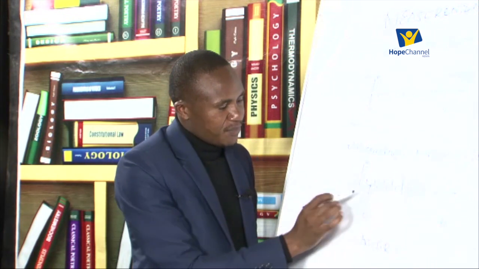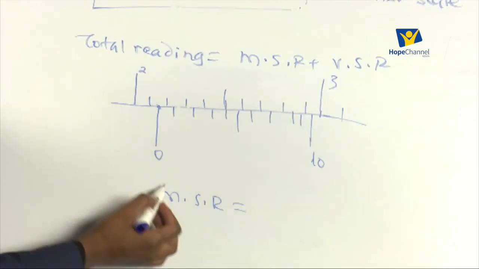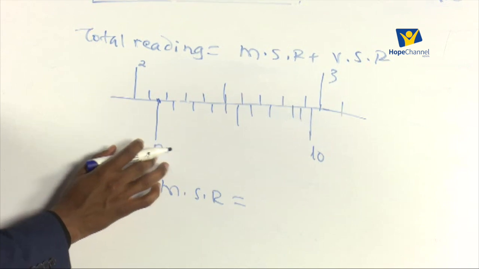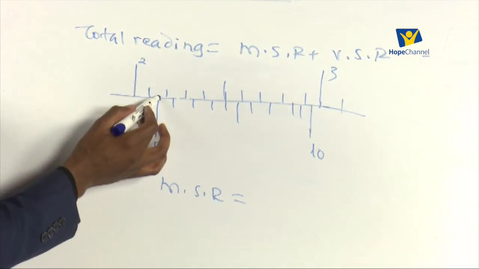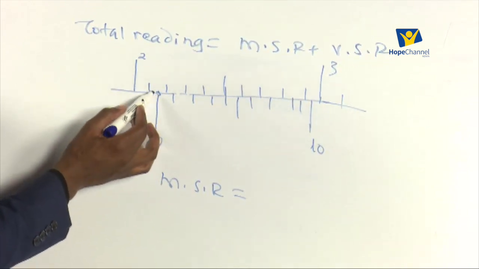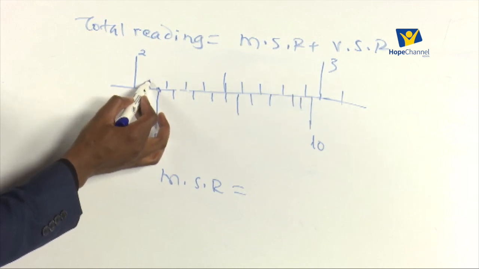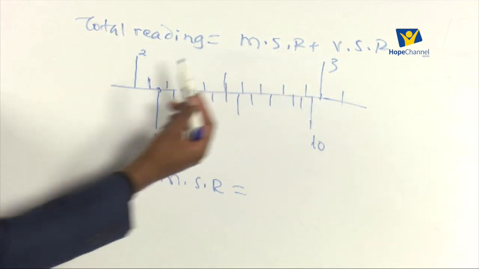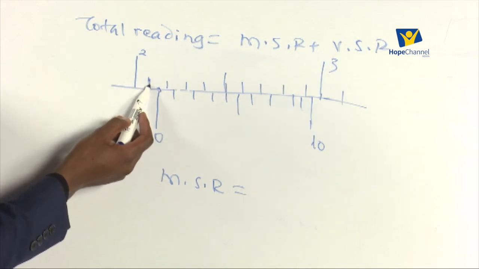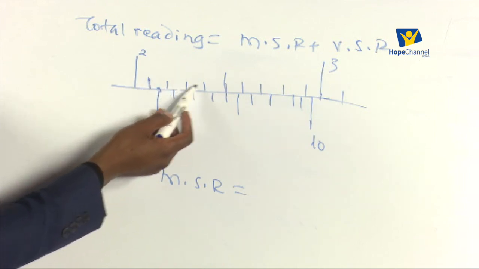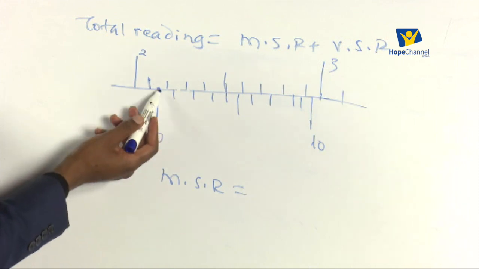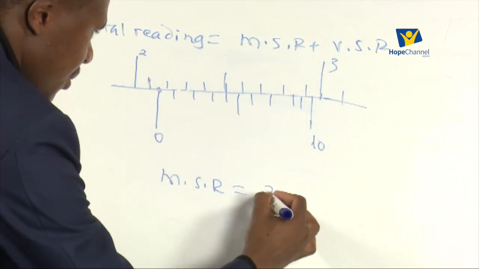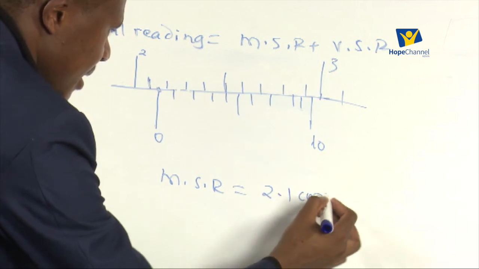The vernier scale starts from here where its 0 is. So the point to the left of that one is this division here. If this is 2 and that is 3, then this is 2.1, 2.2, 2.3, etc. all the way to 3. So the point to the left of where the vernier scale begins is 2.1. So we shall have 2.1 centimeters.